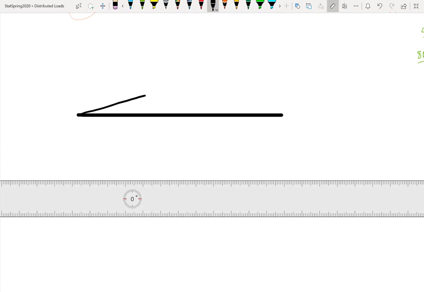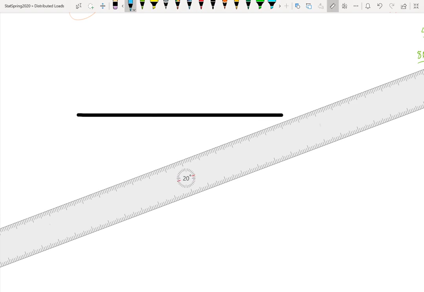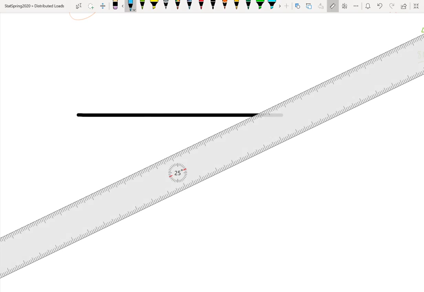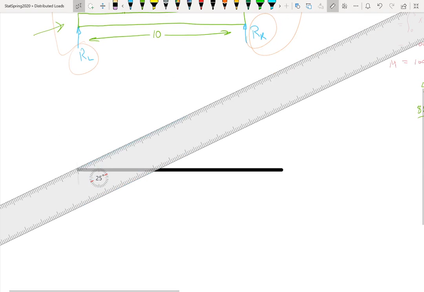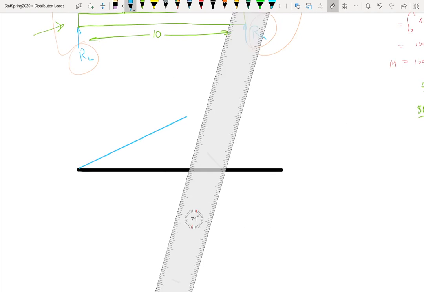This time, well, I tell you what, if I'm using a straight edge, let's just use the straight edge. Let's say the load was out here.